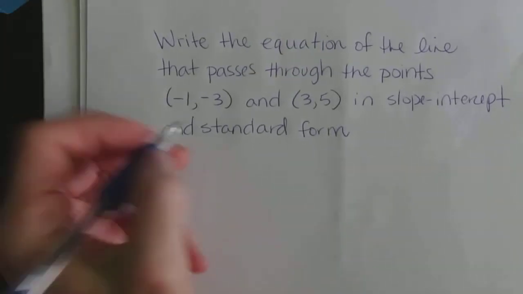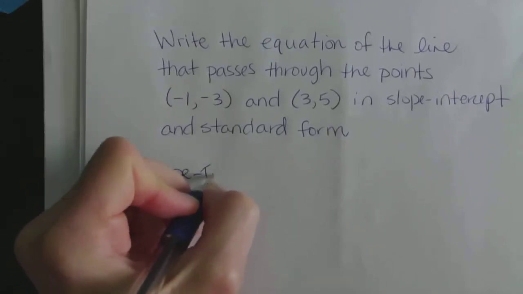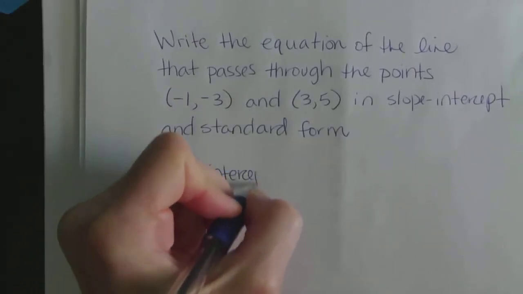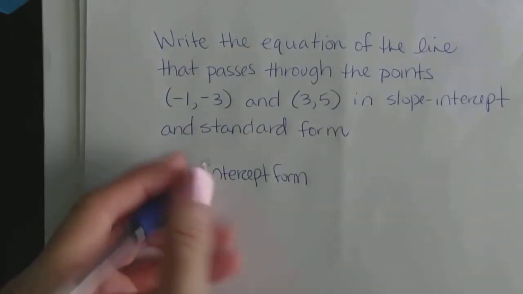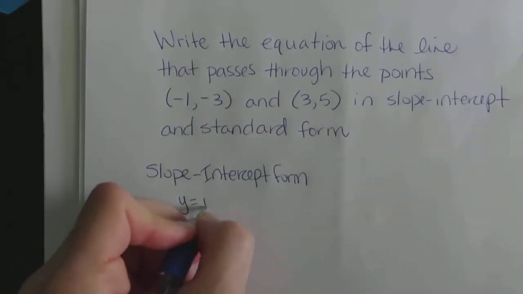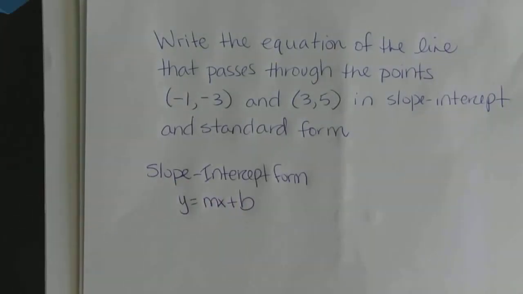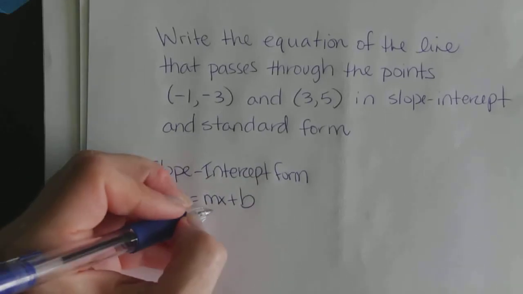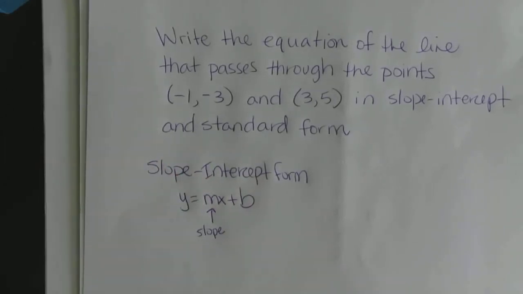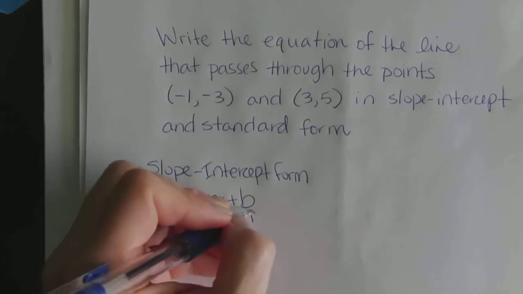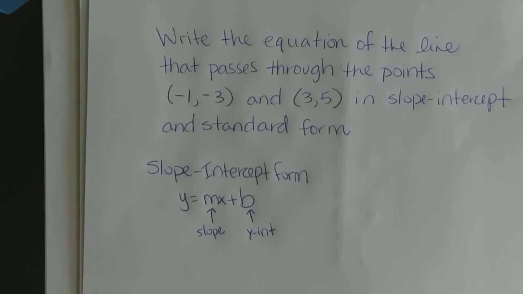So this is complete review. Let's just make a side here for slope-intercept form of a line. And that form we know is y equals mx plus b. And when we write an equation in slope-intercept form, we want to find both the m, or the slope, and the b, which is the y-intercept of the line.